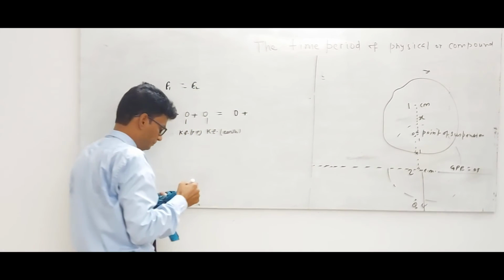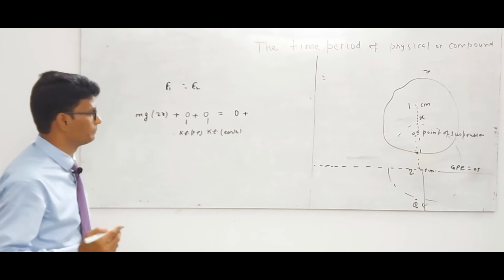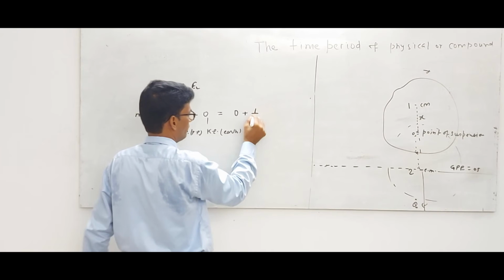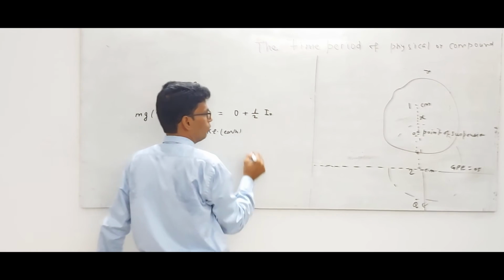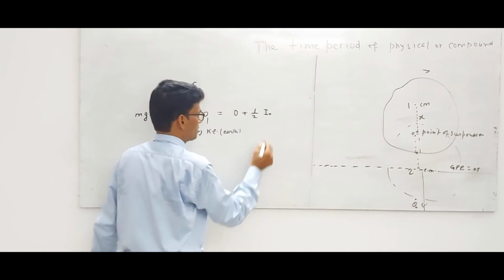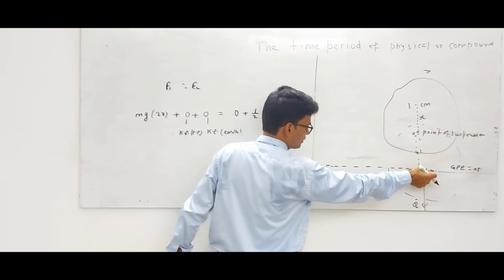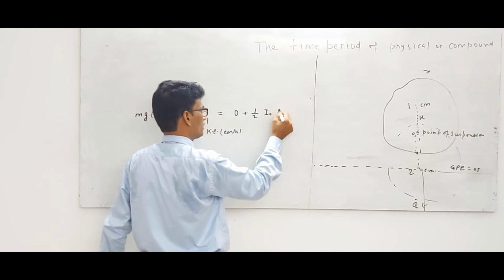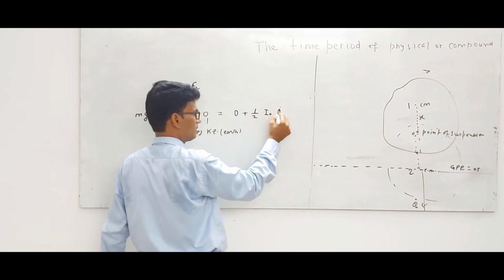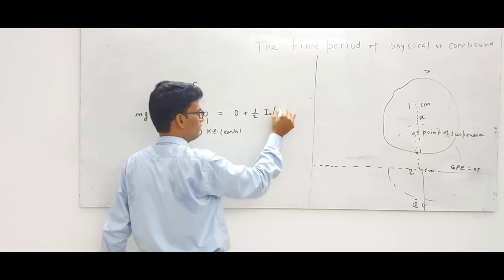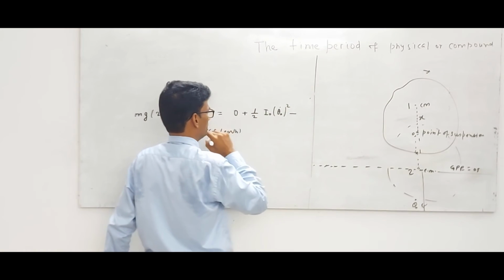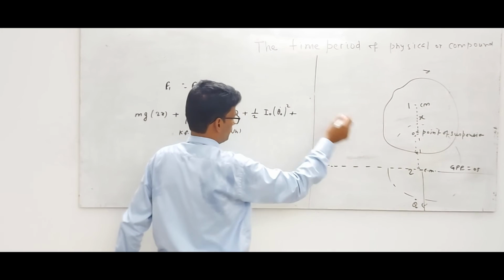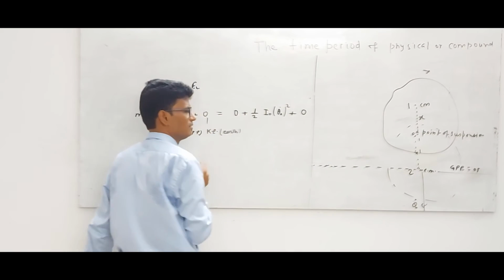Now, what is the kinetic energy of the physical pendulum? It is half I-O, where O is the point of suspension, theta naught dot, the angular speed, whole square, measured from the stable equilibrium vertical position. The kinetic energy of the Earth is still assumed to be at rest.